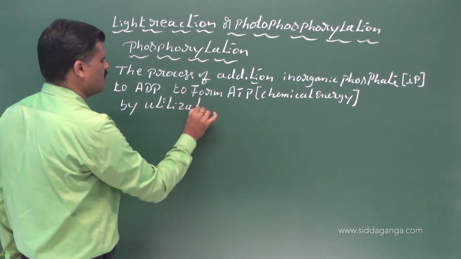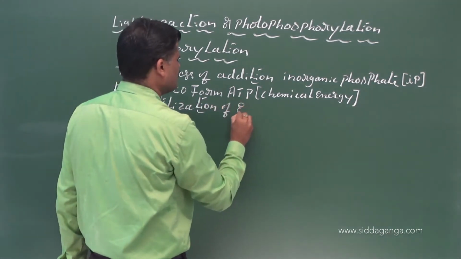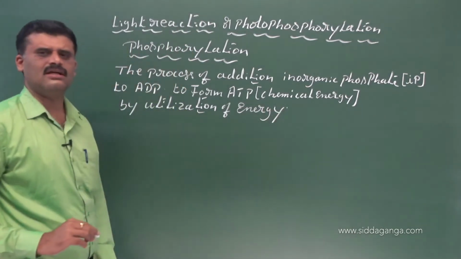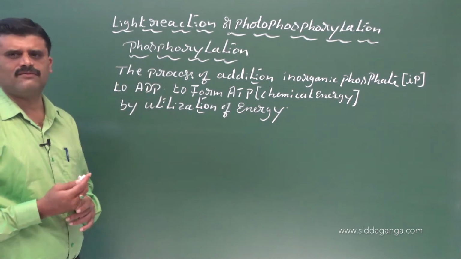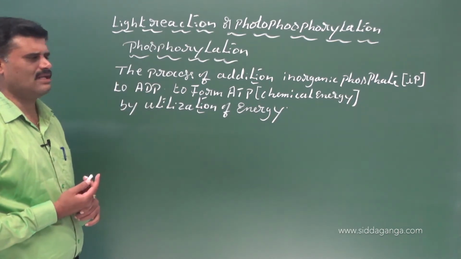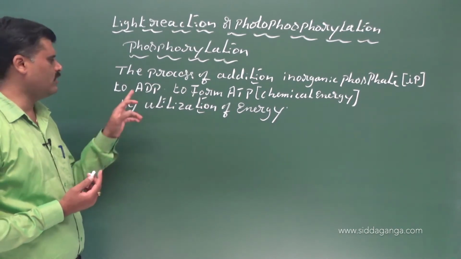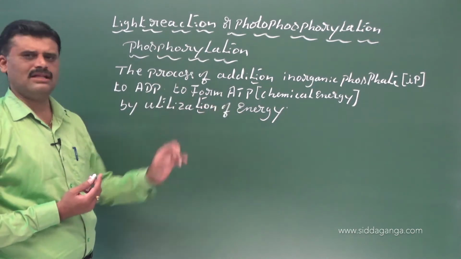So here, the inorganic phosphate gets added to ADP to form ATP, which is the chemical energy.